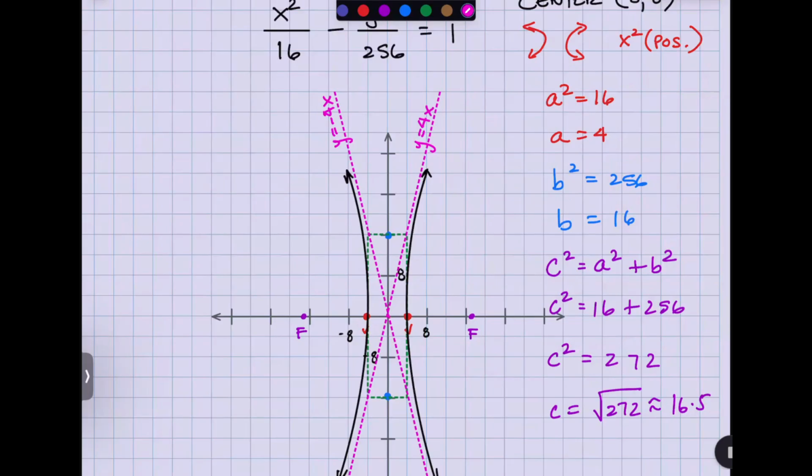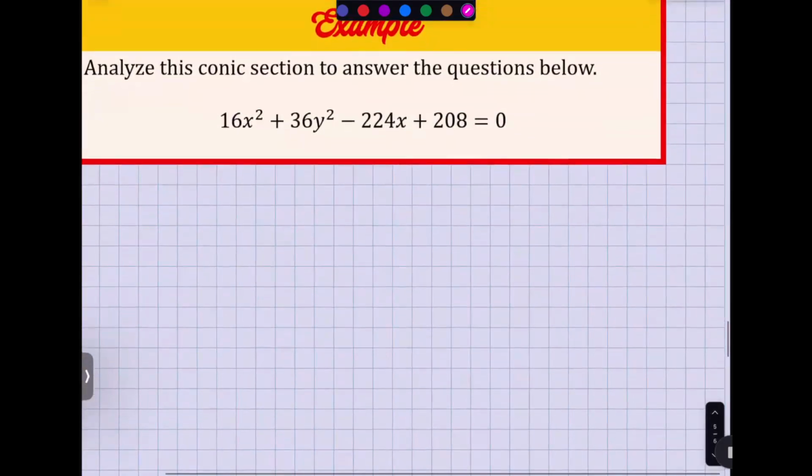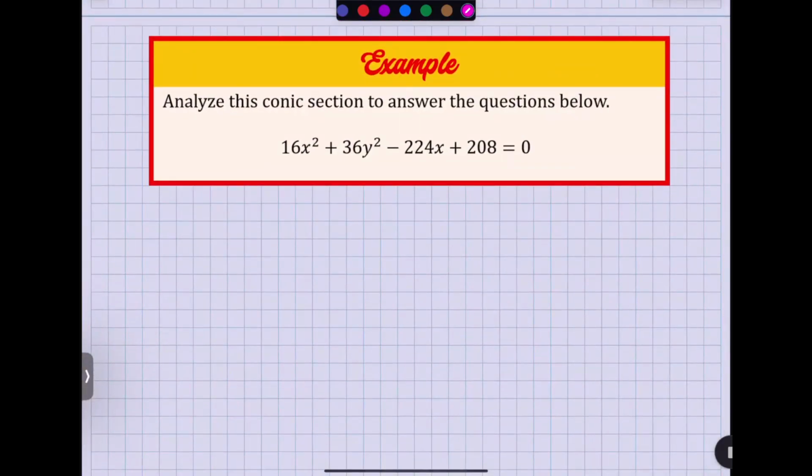So now that you've learned the parabola, the ellipse, and the hyperbola, all of these three things are called conic sections. And why are they called conic sections? The reason is it all originates from a cone.